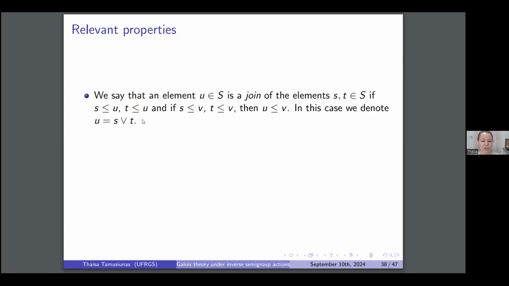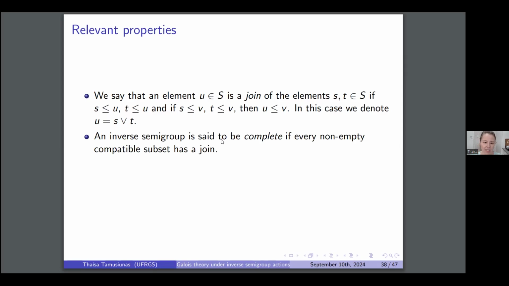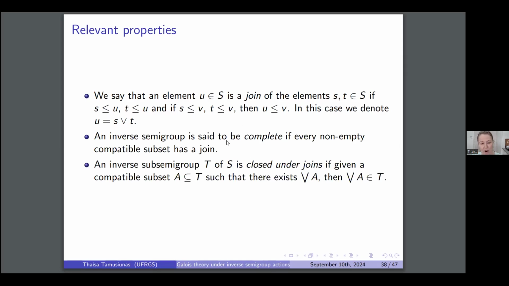And this is the notation that we use for the join. An inverse semigroup is said to be complete if every non-empty compatible subset has a join, and an inverse subsemigroup T is closed under joins if, given a compatible subset such that there exists a join, then this join must be in this inverse subsemigroup. So this is what it means to be closed under joins.